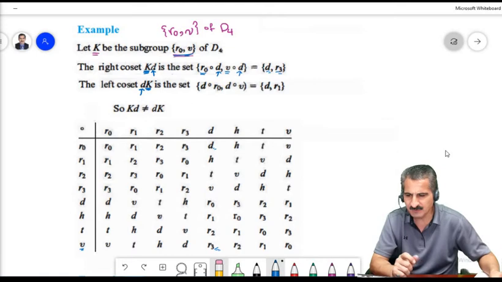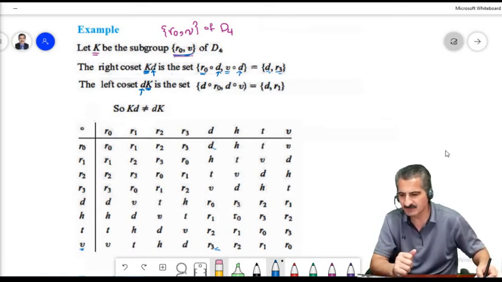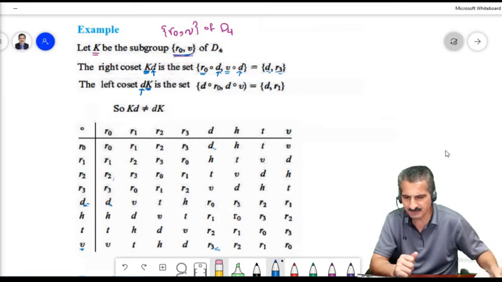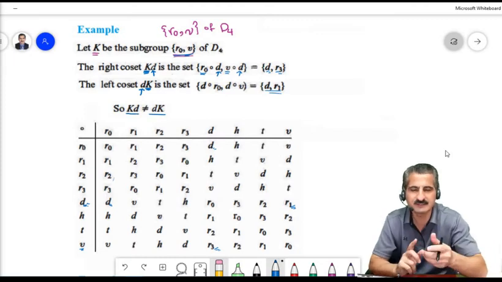Now what if we multiply D to the left of K? So we start with D here: D times R0 is D, and then D times V, where is V? Here we go, is R1. Okay, so we got KD does not equal DK. So the right coset and the left coset of the same element are not equal.